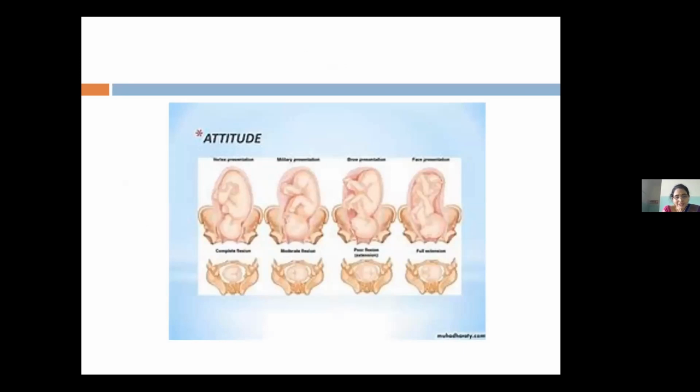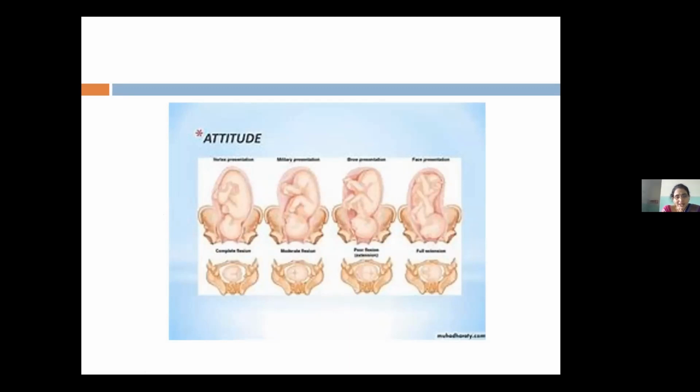So here you can see the different attitudes. The first picture depicts the cephalic presentation. This is a slight deflection, that is deflexed vertex, which favors the occipito-posterior position, and a slight extension causes brow presentation or the glabellar presentation, and complete extension of the neck will cause the face presentation.